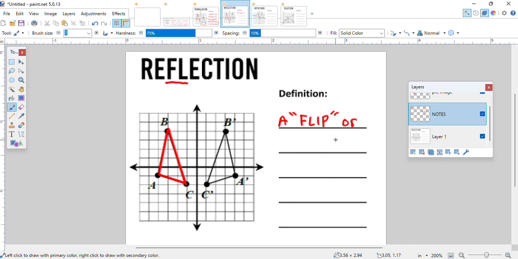It is a flip or mirror over a line. But it's not just any line. It is a line that we call the line of reflection.